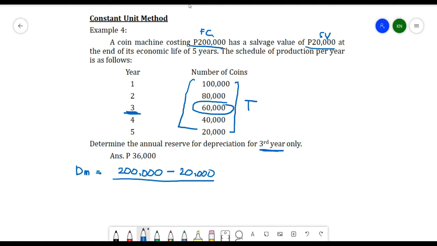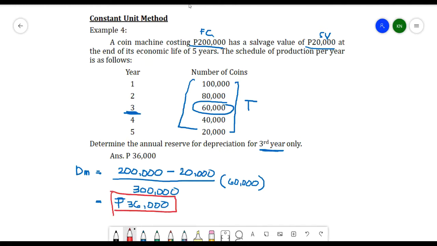That is over our T, which is the total number of coins, and that is equivalent to 300,000, multiplied by our Q, which at the third year is 60,000 coins, and that is equivalent to 36,000 pesos. So that is just how you get the depreciation after the third year.